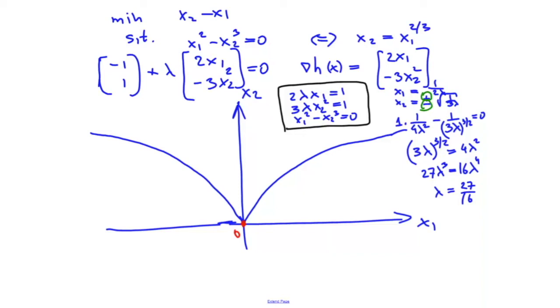So for the second case, we'll have the following equation. Case 2: 1 over 4 lambda squared plus 1 over 3 lambda to the power 3/2 is 0, right? If you look at the details here, we have lambda to the power 3/2 here, which means that lambda must be positive, right?